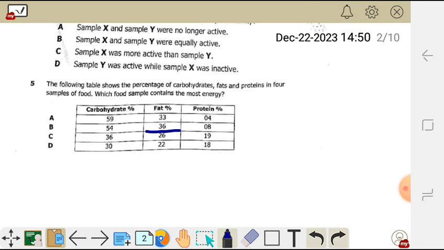So the correct answer here is B, because fats produce more energy as compared to carbohydrates. Even when we have 59 there, that won't affect the energy produced in B, because fats produce more energy as compared to carbohydrates and proteins. So the correct answer here is B.